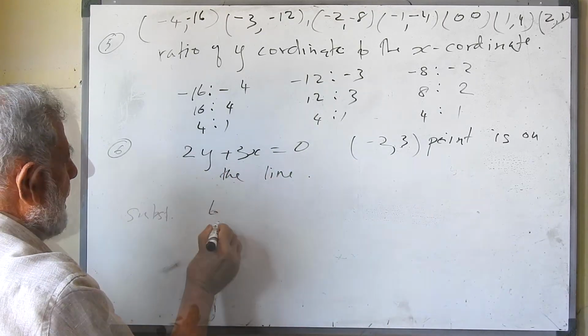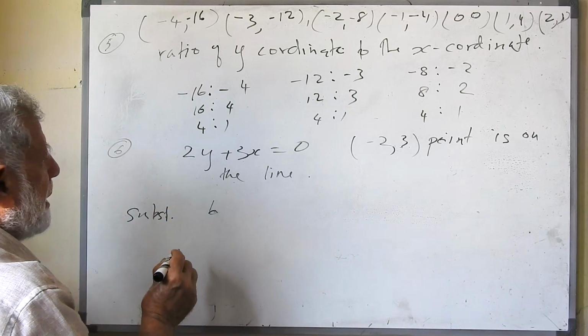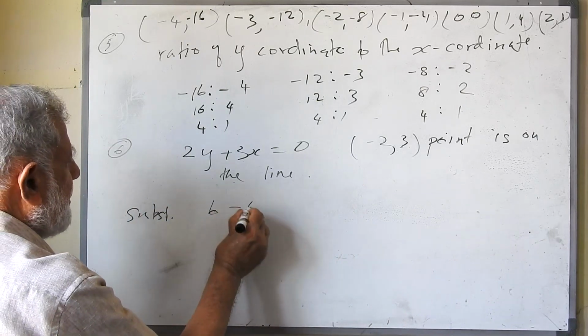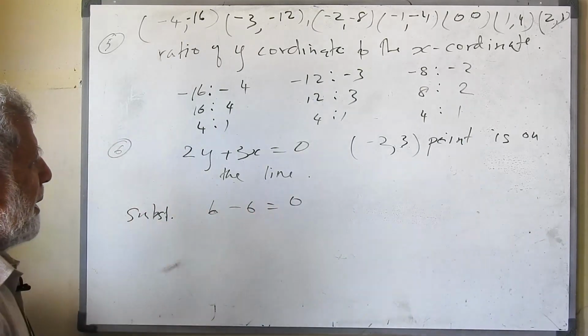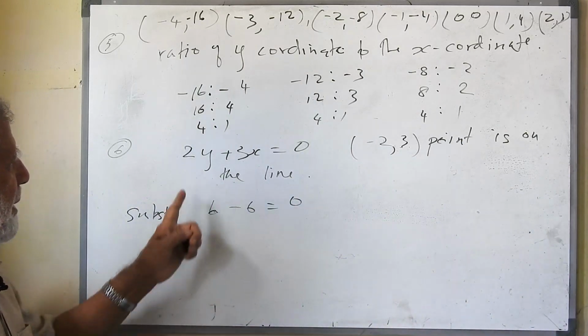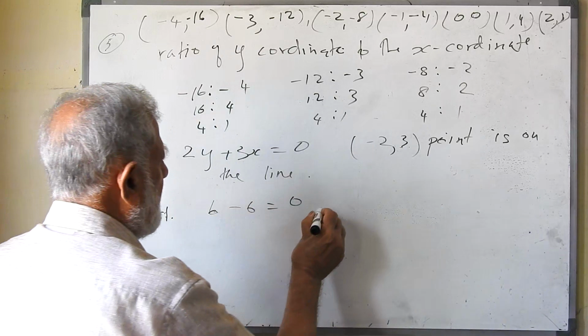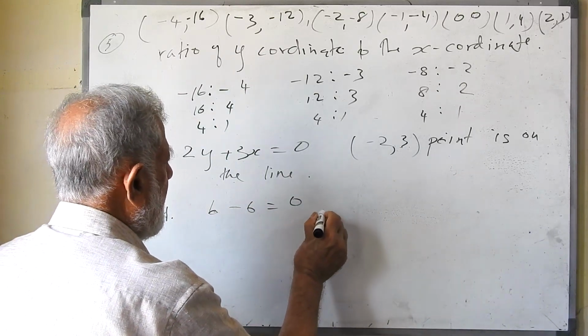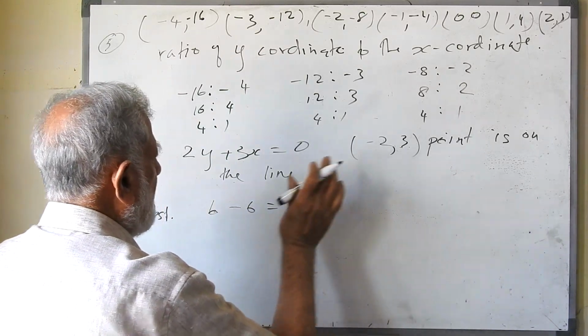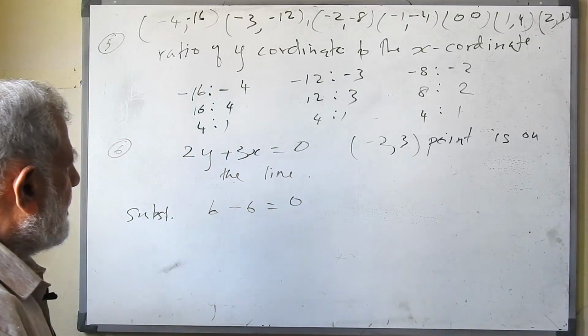So 6, and when you substitute, 6 minus 6 equals 0. Now if you substitute and you get it equal to 0, then the point is on the line. So if the point is on the line, when you substitute, it is equal to 0.